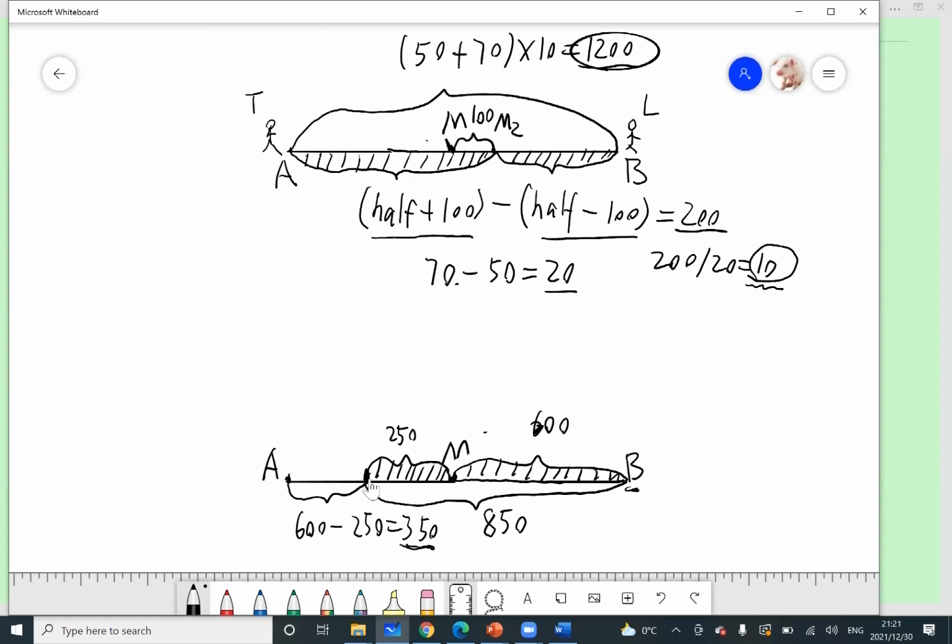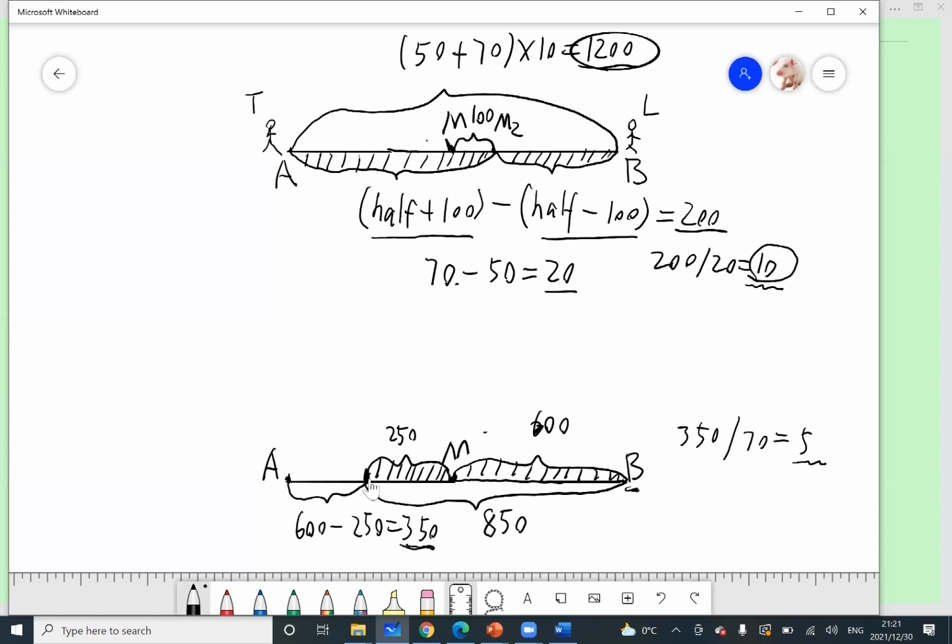Then what can we find? The time. Yes, very good. So we can find the time Tom spent traveling. That is 350 divided by 70 equals 5. So Tom spent 5 minutes traveling.